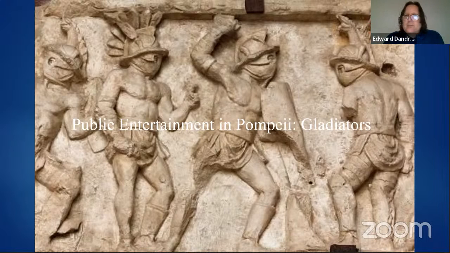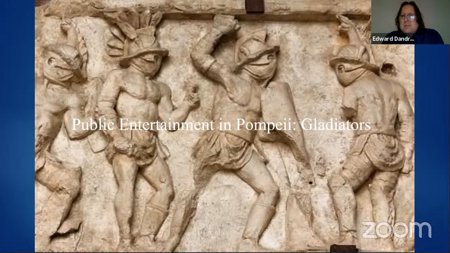It has restaurants, brothels. If you've been there, you know the brothels have a central place in Pompeian life. And then the amphitheater, which seems sort of like a second thought because it's pushed to the far end, if you will, of the city.